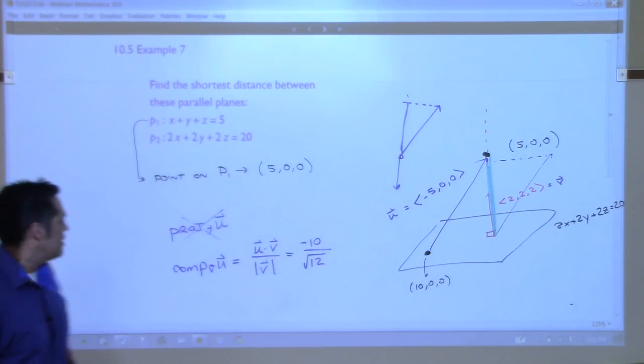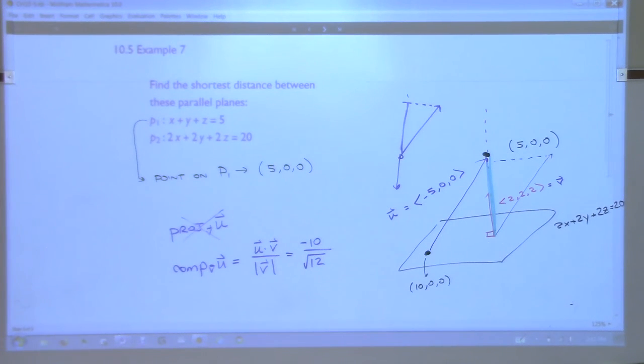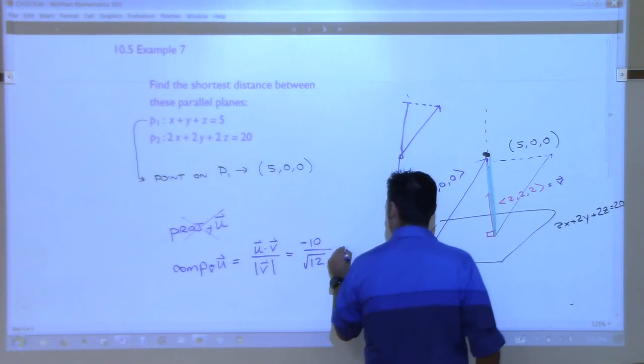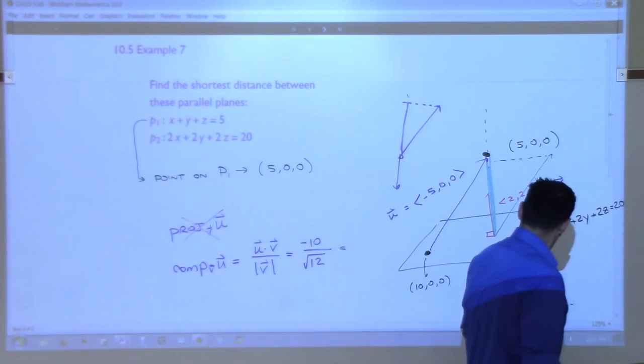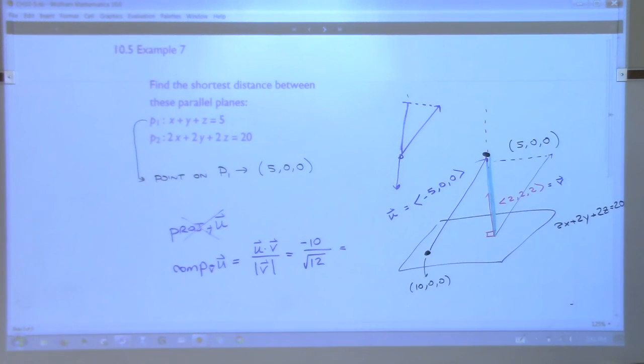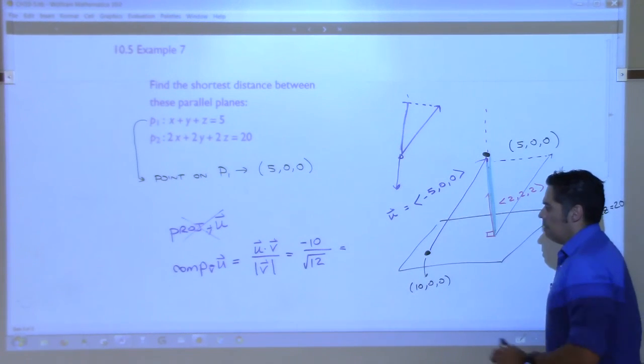Let's go ahead and get that as a decimal. What is that as a decimal? 10 over root 12. It's 2.89.